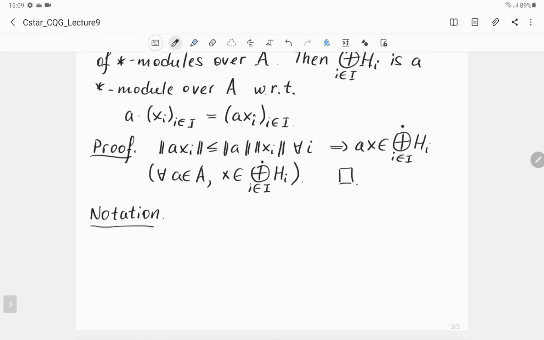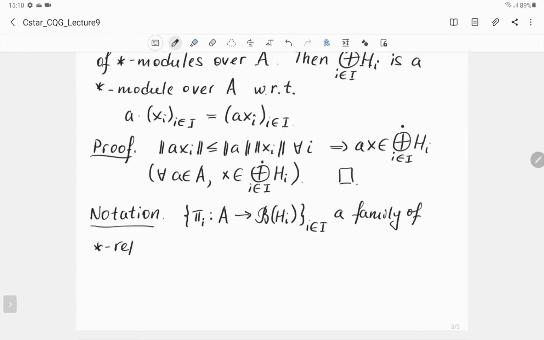Suppose that we have a family of star representations pi i of the same Banach star algebra A. In this case, we know that each Hi is a star module over A, so we can form their Hilbert direct sum.